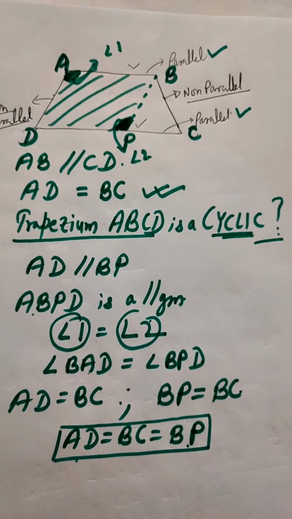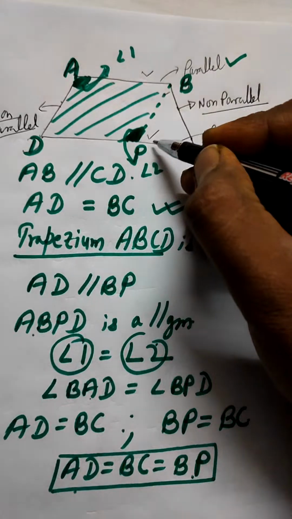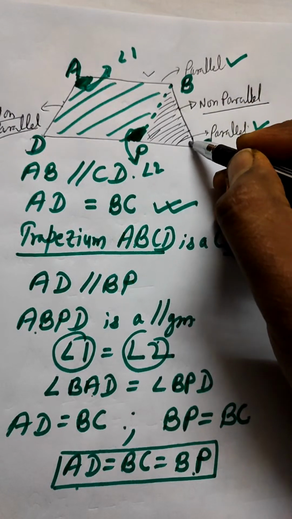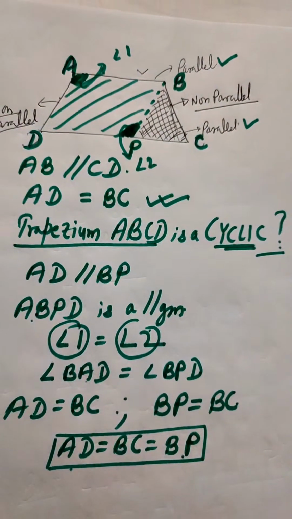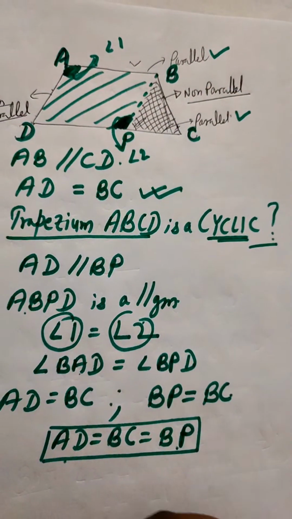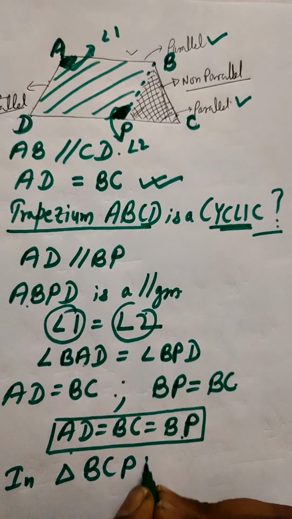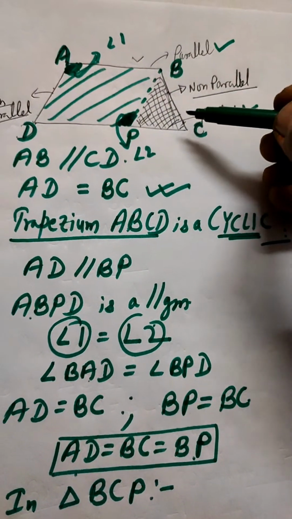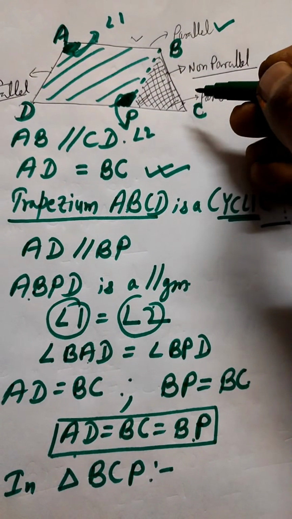And students, we know that in any triangle, here we are considering the triangle BCP. I am marking with a black pen so that you will be able to understand it. So considering triangle BCP, we can see BP is equal to BC.